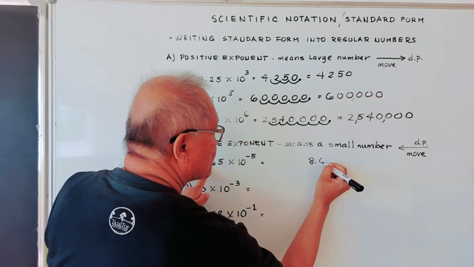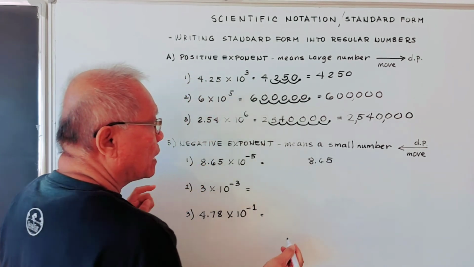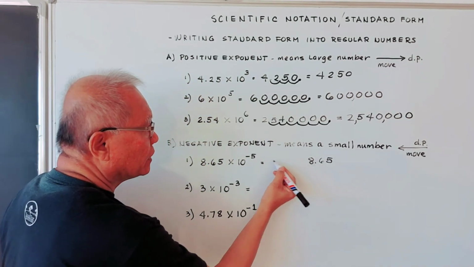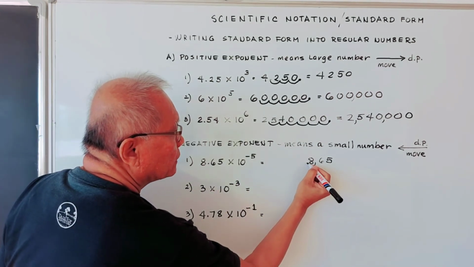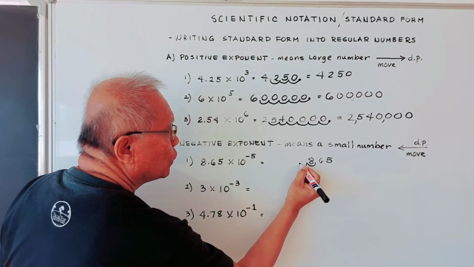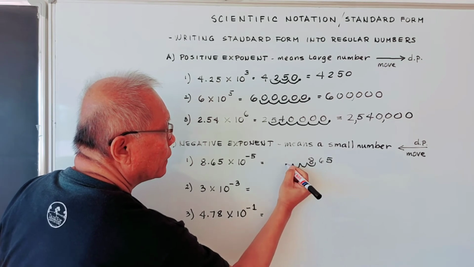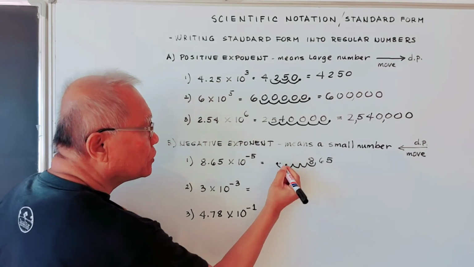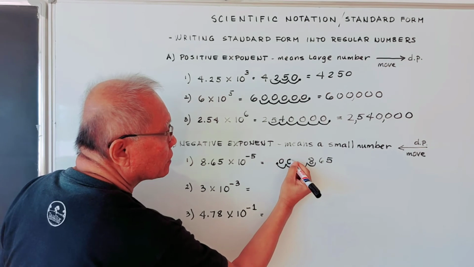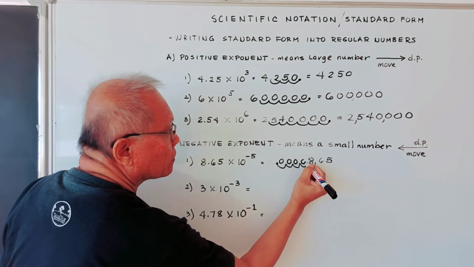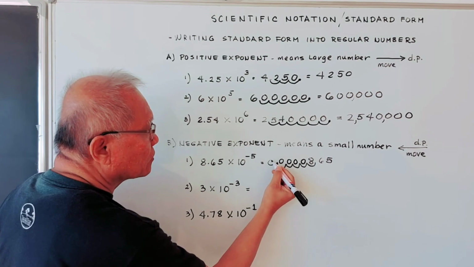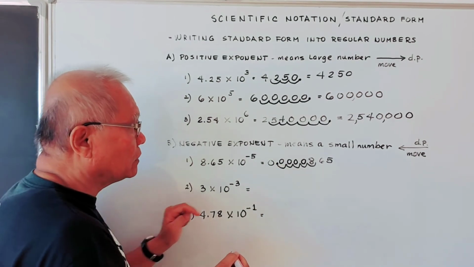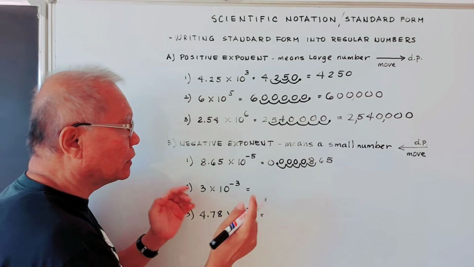I'm going to start from the decimal point here and count 5 to the left: 1 here, 2, 3, 4, and 5 here. And then you put 0 here, 0, 0, 0. And then you may put also a 0 here, but the 0 is not counted. It's like for display only.